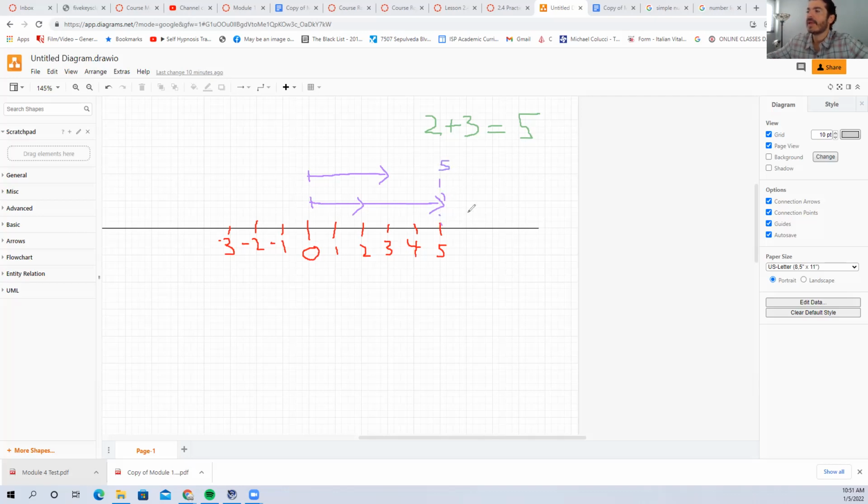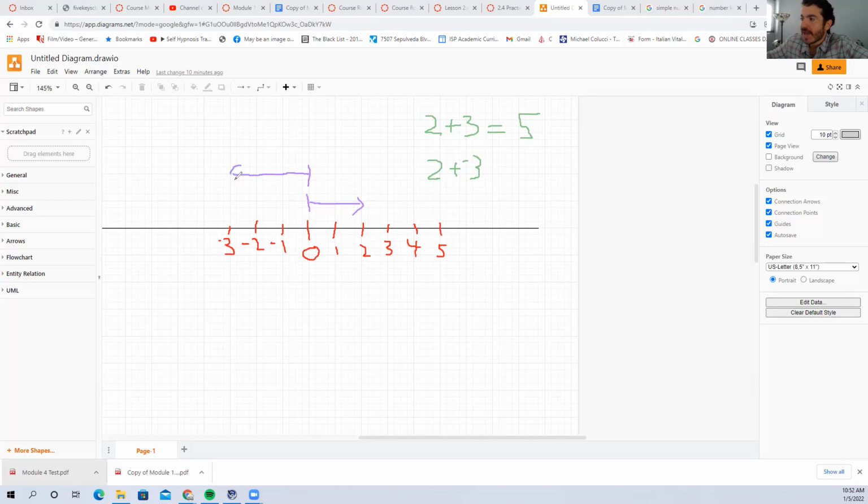Now, what happens if I have a negative number? 2 plus a negative 3. I'm going to draw a negative 3 out. Remember that the negative is going to go to the left: 1, 2, 3.